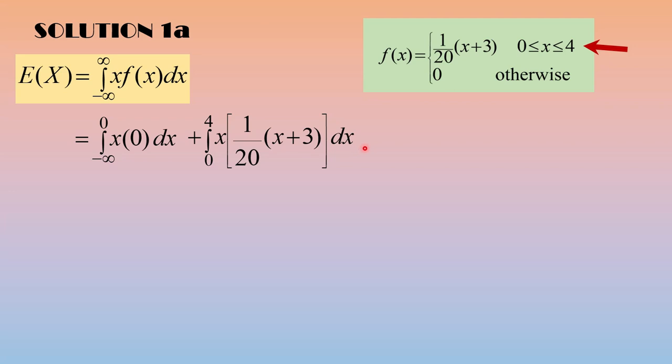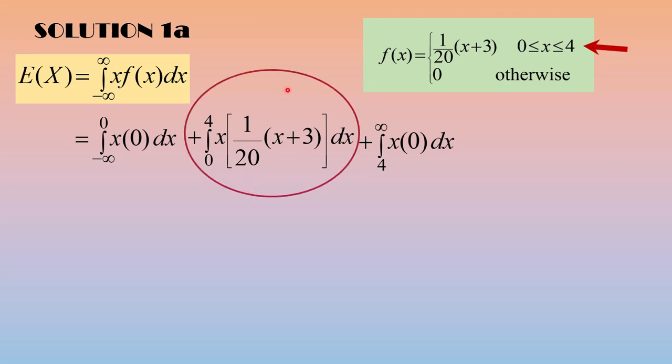And we continue to integrate from 4 to infinity, where the function is 0, so x times 0 dx. So we have 3 intervals to integrate here, but we only concentrate on the interval from 0 to 4 because the function is only defined on this interval. For the other two, from negative infinity to 0 and from 4 to infinity, the function is 0.